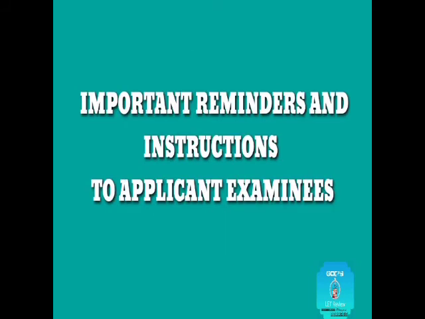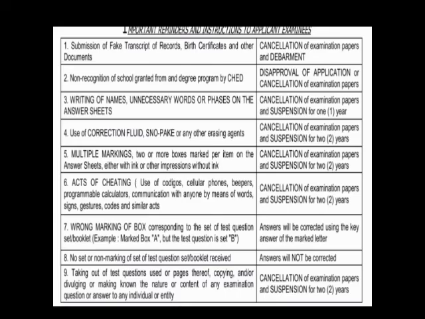Important reminders and instructions to applicant examinees. 1. Submission of fake transcript of records, birth certificates and other documents, cancellation of examination papers, and debarment. 2. Non-recognition of school granted from and degree program by CHED, disapproval of application or cancellation of examination papers. 3.